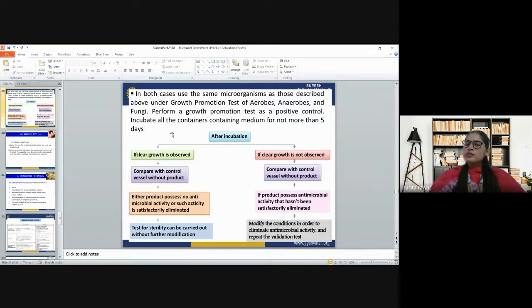If clear growth is not observed compared with the control vessels without product, the product possesses antimicrobial activity that hasn't been satisfactorily eliminated. Then modify the conditions in order to eliminate the antimicrobial activity and repeat the validation test.